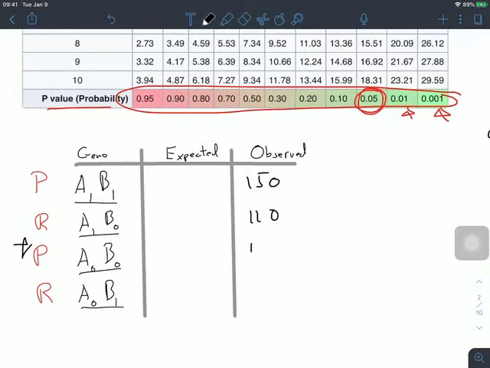We found 130 A0B0. And we found 110 A0B1s.